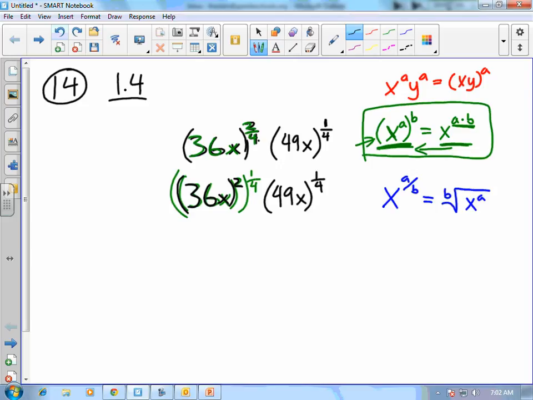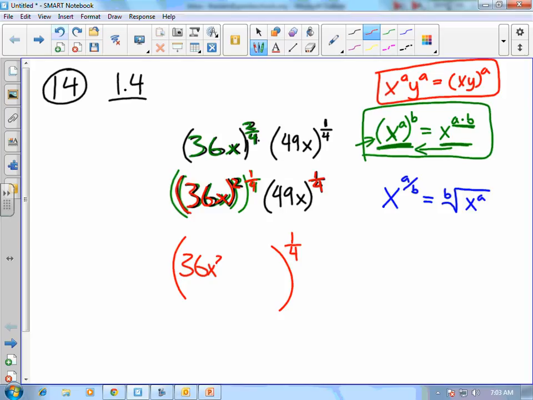Notice, though, that our exponents are the same now. We have a 1/4 here and a 1/4 here. So now I can apply this rule and combine them together to get one big exponent. So it's all going to be to the 1/4 power. What's going to be on the inside? We're going to have the 36x squared that we have over here, and the 49x that we have over here.